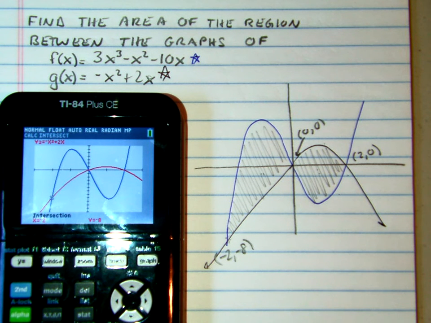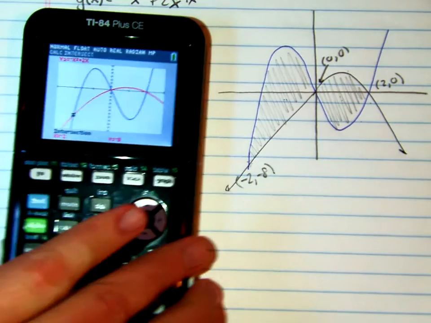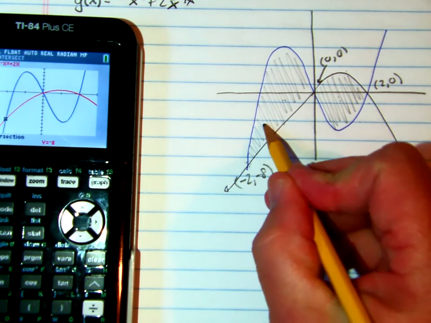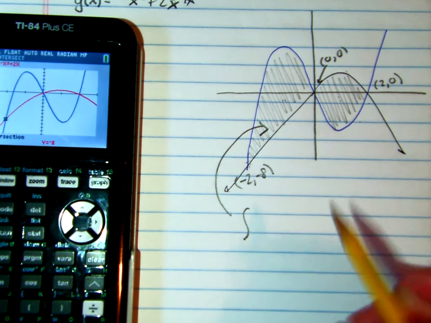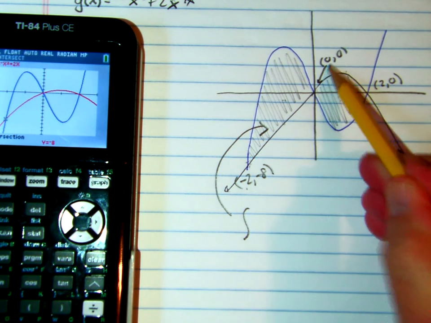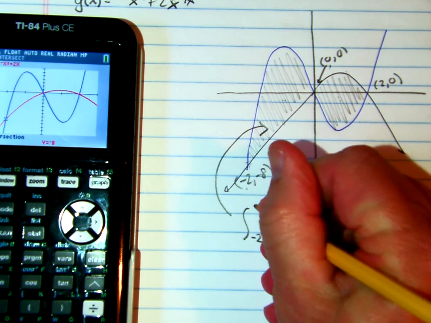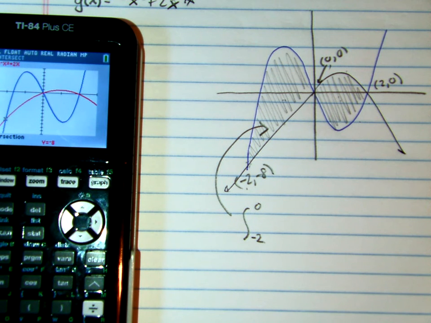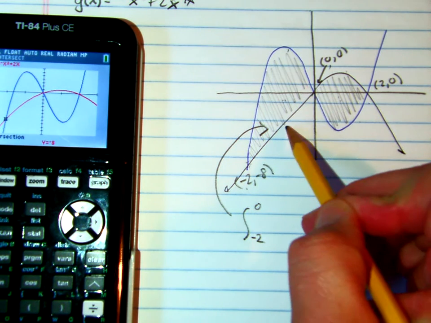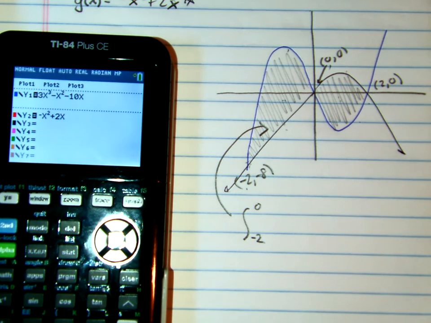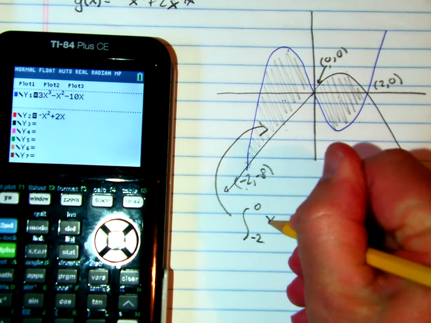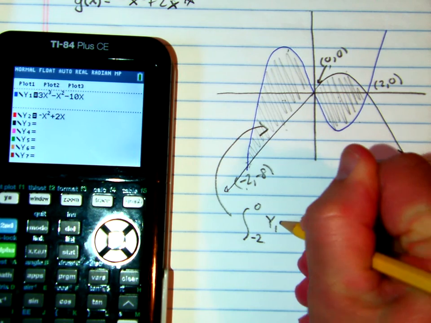Alright, so what we need to do is find each area. So to get this one right here, we're going to be integrating from x values of -2 to 0. And we need the top curve minus bottom curve, so it's the cubic minus the quadratic. As I have them in my calculator, the cubic is the y1 and the quadratic is the y2.